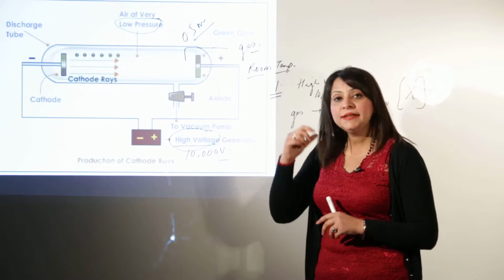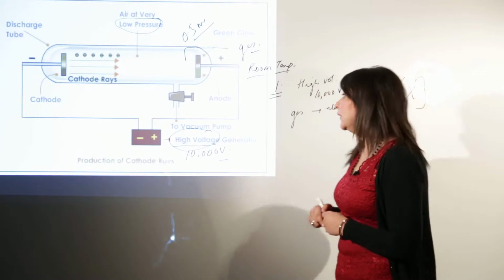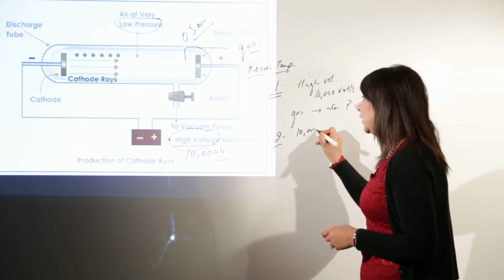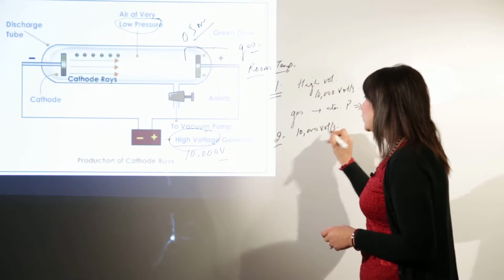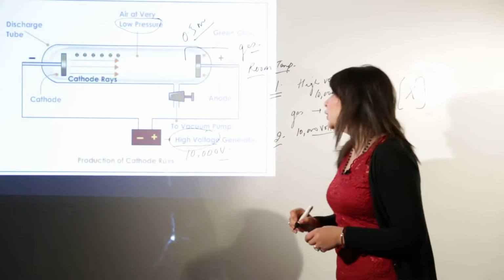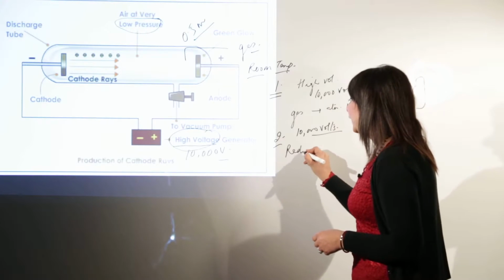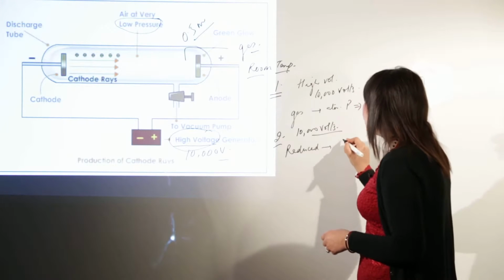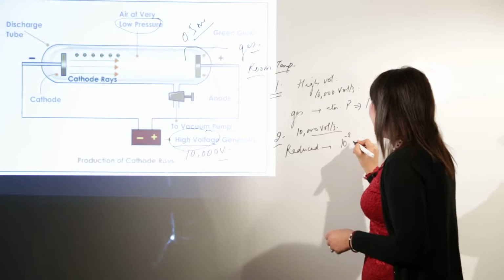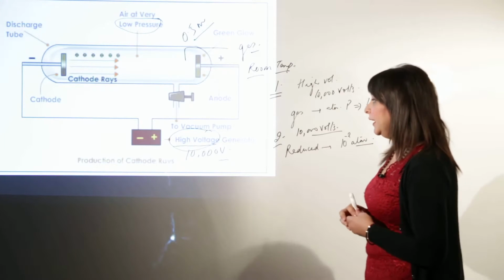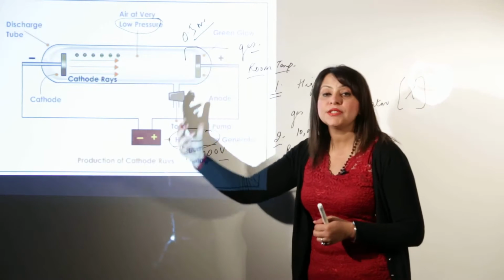Then the idea came to his mind. The battery was still of 10,000 volts, because 10,000 volts is a high voltage. Then he reduced the pressure of the gas to approximately 10 raised to the power minus 2 atmosphere. Then he observed certain kinds of changes in the tube.